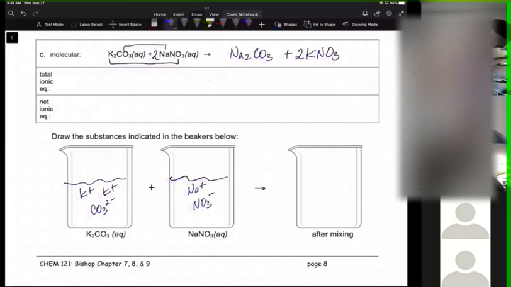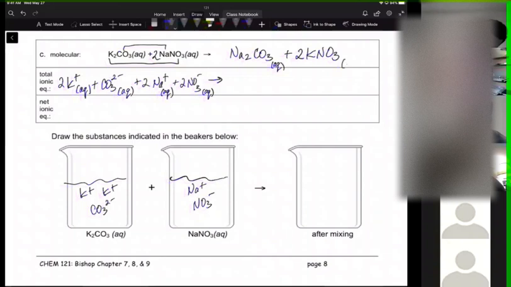And now we're going to write that total ionic equation. Oh yeah, okay, so sodiums are aqueous, potassiums are aqueous. So we'll break those all apart.